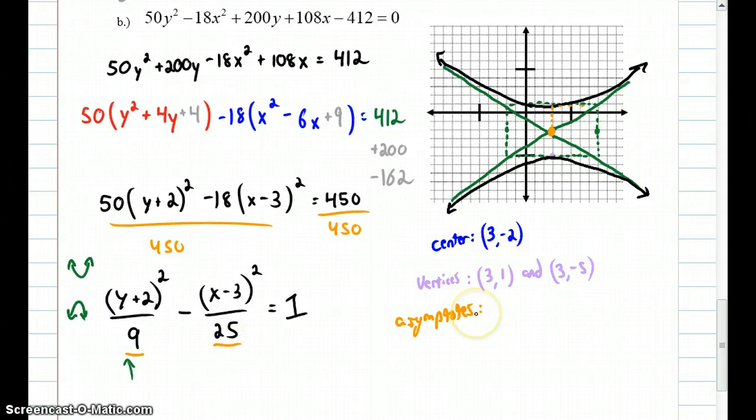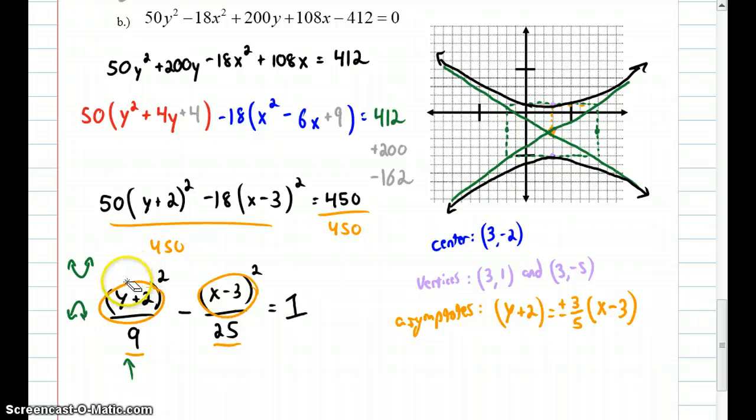So I will write this out as y plus 2, and by the way, you can see that right here, equals the slope. This one goes up 3 over 5, so 3/5, but there's also one that goes down 3 over 5, so I can do negative 3/5 as well, times x minus 3, which you should recognize as the x coordinate of the center.